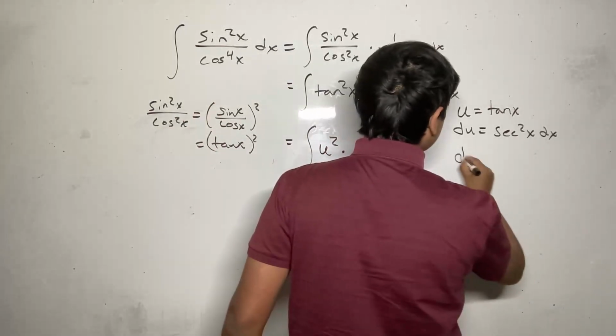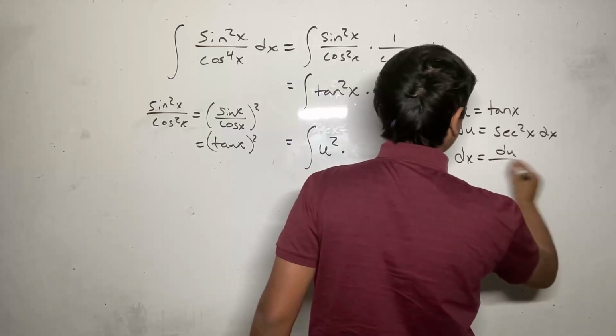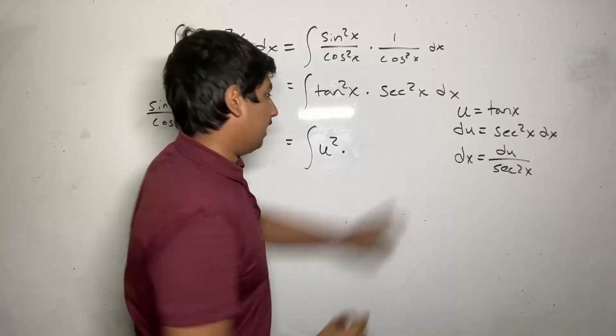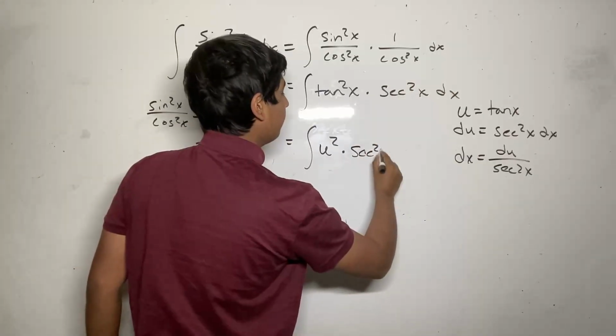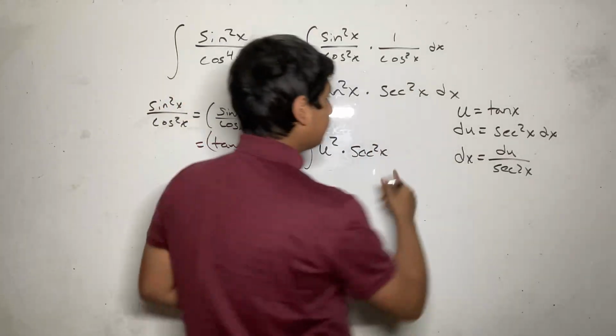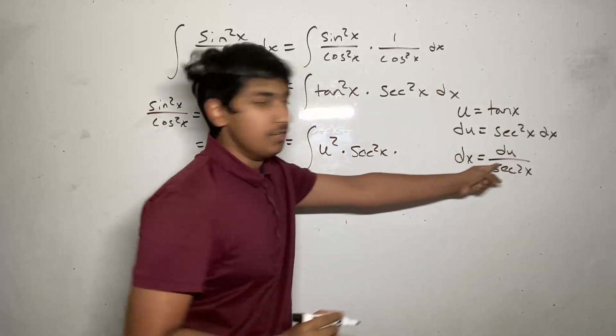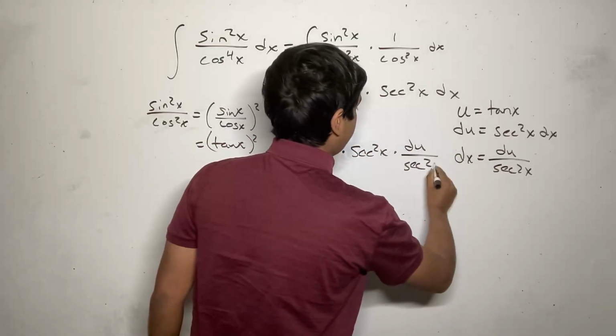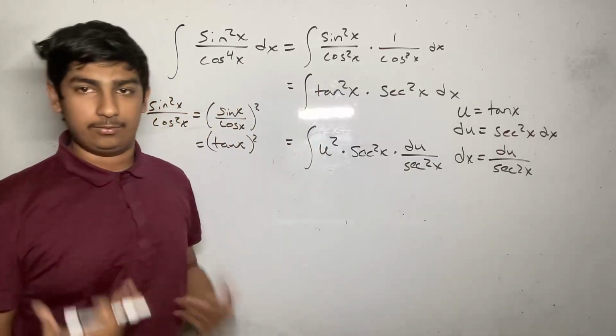Sorry, dx is just du over secant squared of x. So we'll have secant squared of x times our dx, which is du over secant squared of x, and then ultimately we get what we want with the u substitution, and that's that things will cancel.